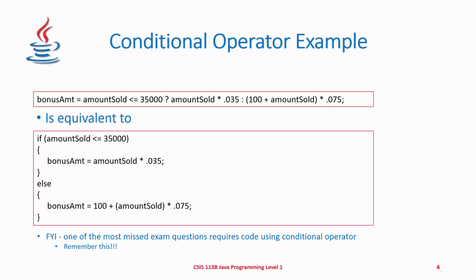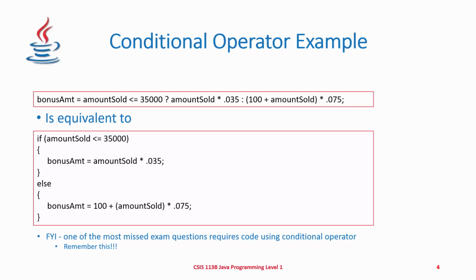If that is true, then amount sold times 0.035 is the value we'll store in bonus amount. If that condition were false, then 100 plus the amount sold times 0.075 will be what's assigned to the bonus amount.